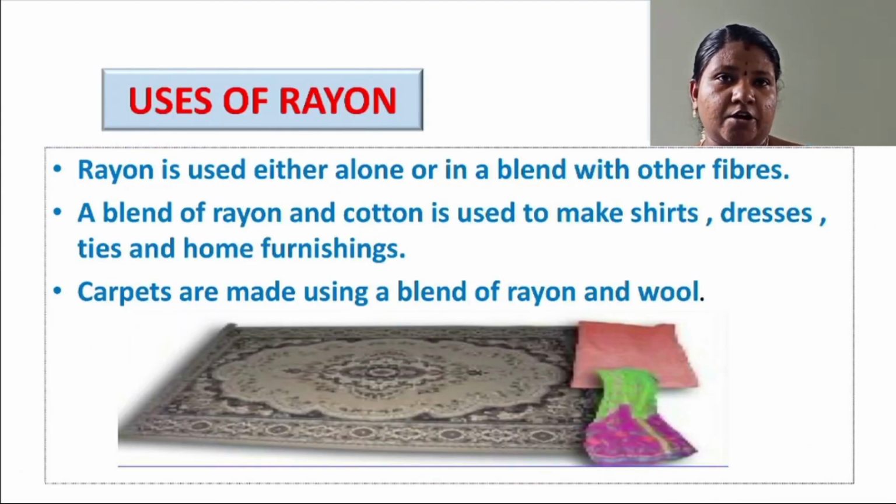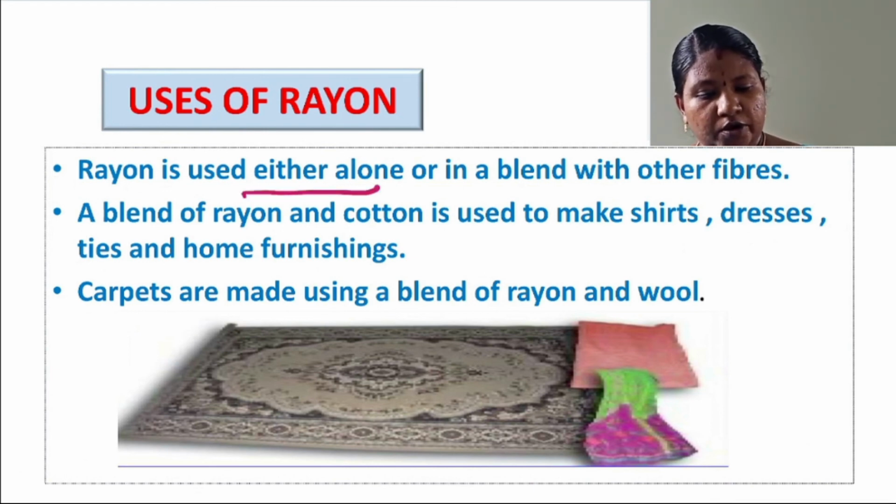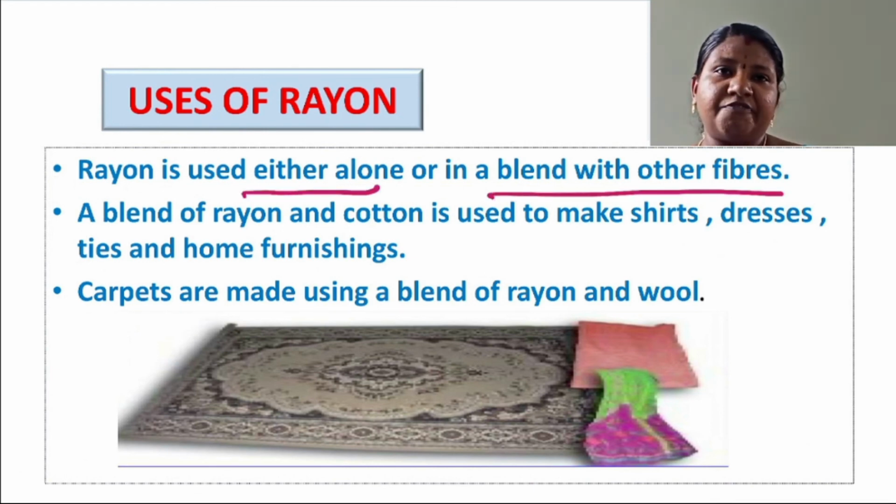And the uses of rayon. What are the uses? Rayon can be used alone or mixed with other fibers to make a new blend of material that can be used for various purposes.